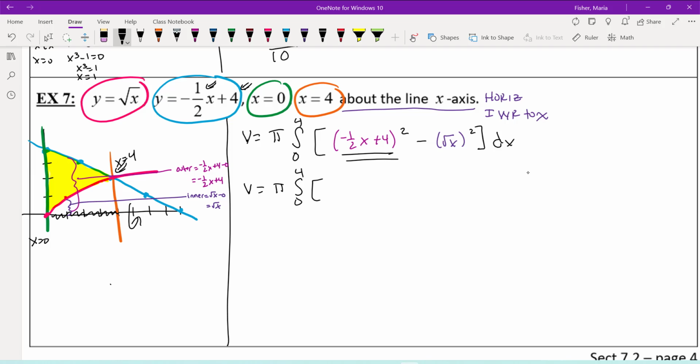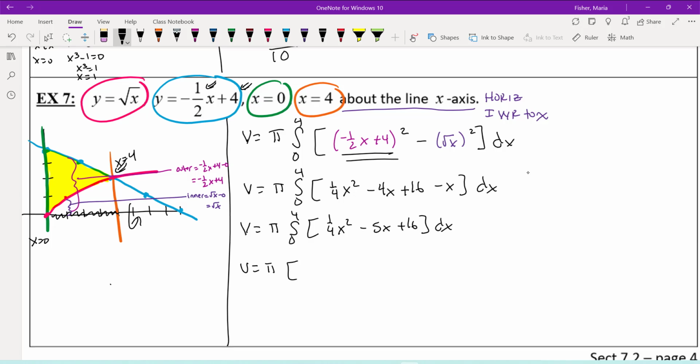So negative 1/2 x times a negative 1/2 x is going to be 1/4 x squared, and then it's going to be minus 2x minus another 2x, so minus 4x, and then plus 16, and this is minus x. Combining like terms before we integrate, we end up with 1/4 x squared minus 5x plus 16.